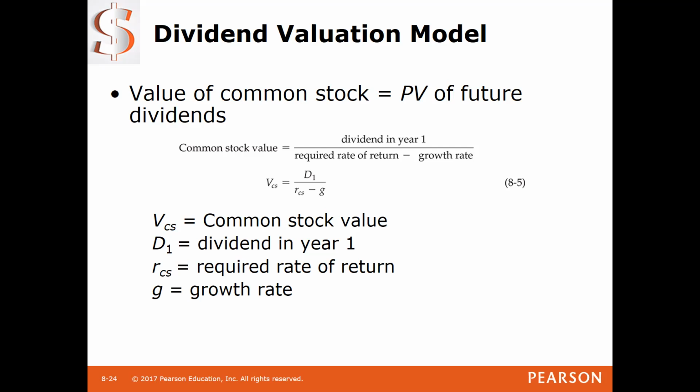Whatever dividend that we just had, or the most recent dividend, you should always remember that as D0. So it is the last dividend issued. And D1 is the dividend that we expect to receive. I repeat, we expect in 1 year from now.